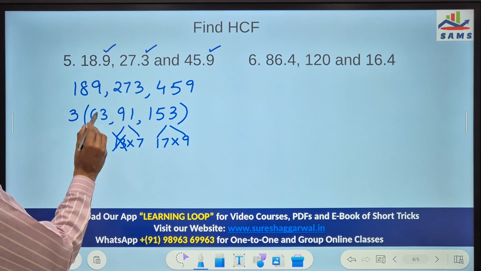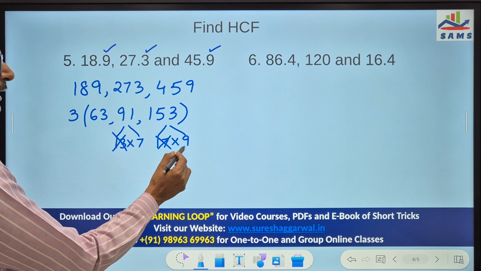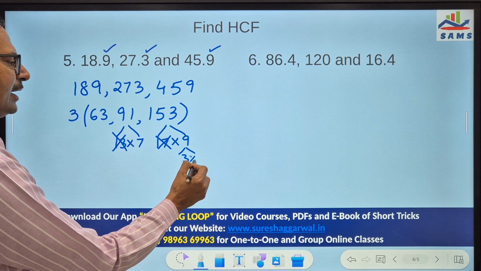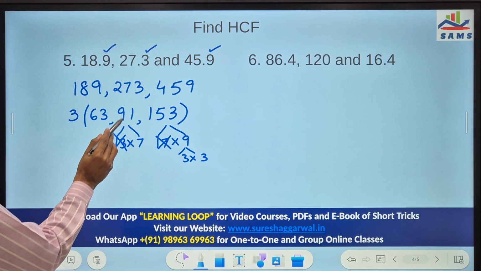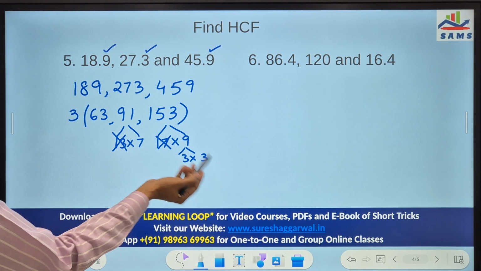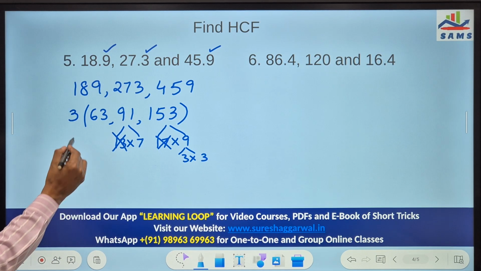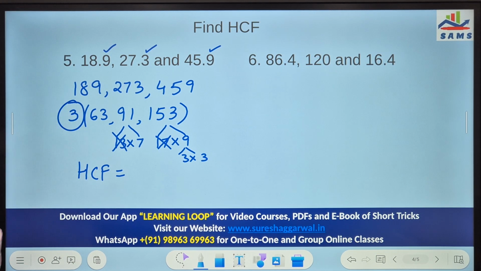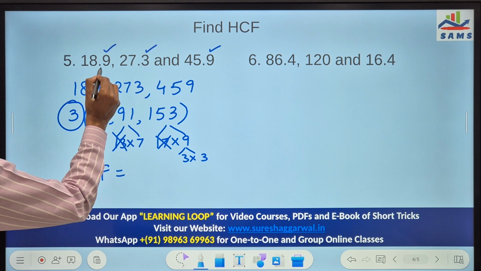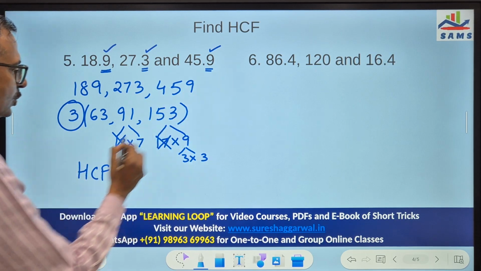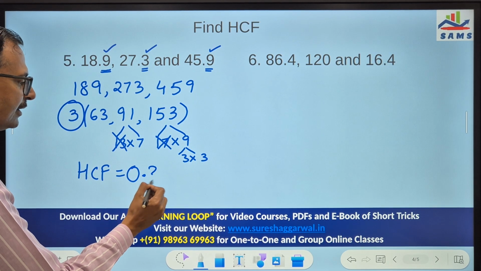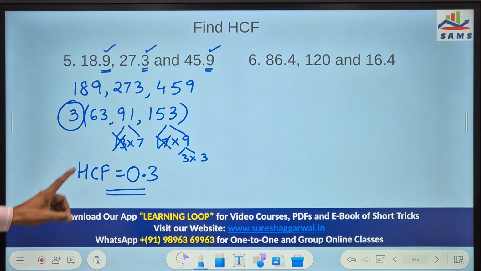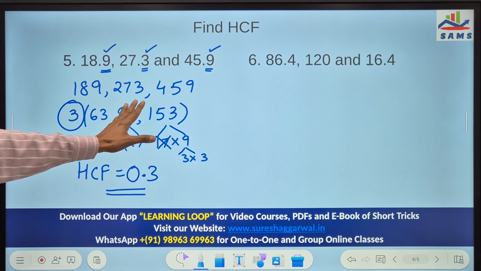So 17 doesn't divide 63, ruled out. 9 is 3 into 3 only, and 3 is not a factor of 91, and so there are no more common factors, and so the highest common factor of the numbers is just 3, and 3 means now you have to put a decimal 1 digit from the right hand side, so 3 becomes 0.3, which is the highest common factor of all these numbers.